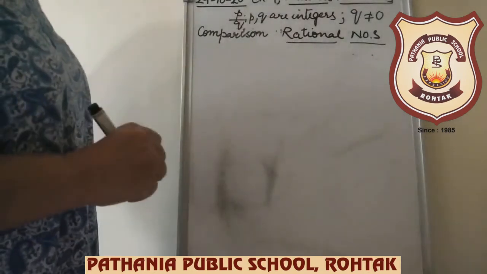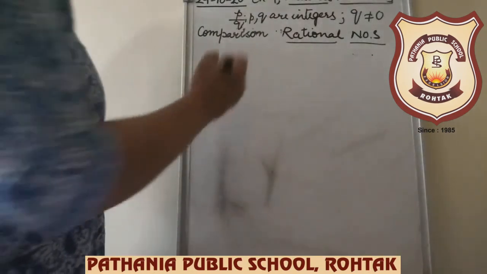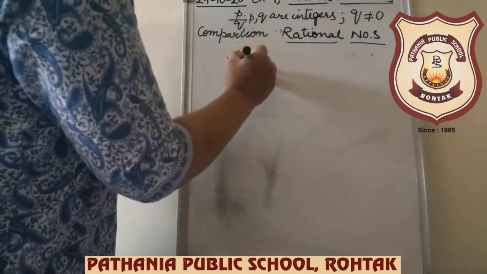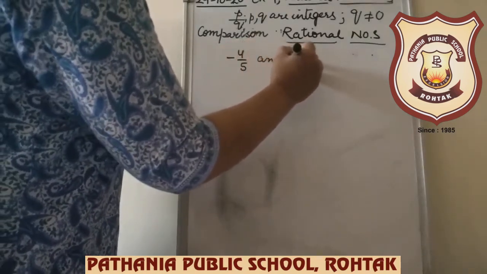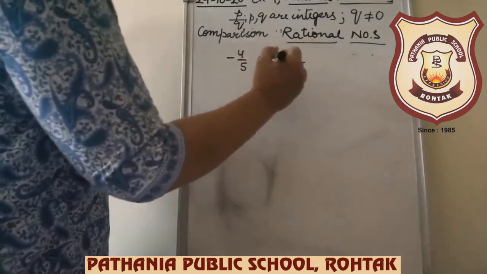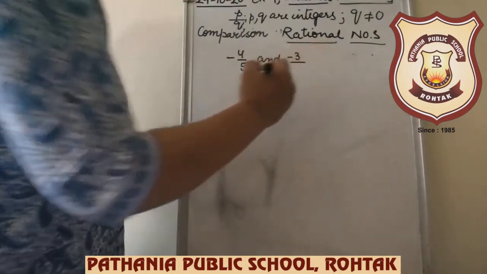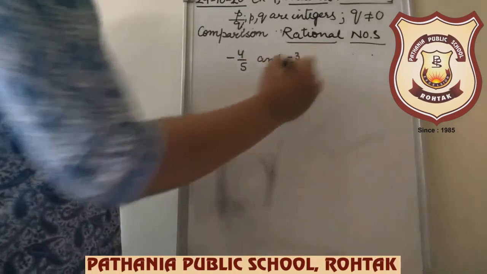Comparing which one is greater and which one is smaller. Suppose you have minus 4 upon 5 and the other number is minus 3 upon 8. Okay.